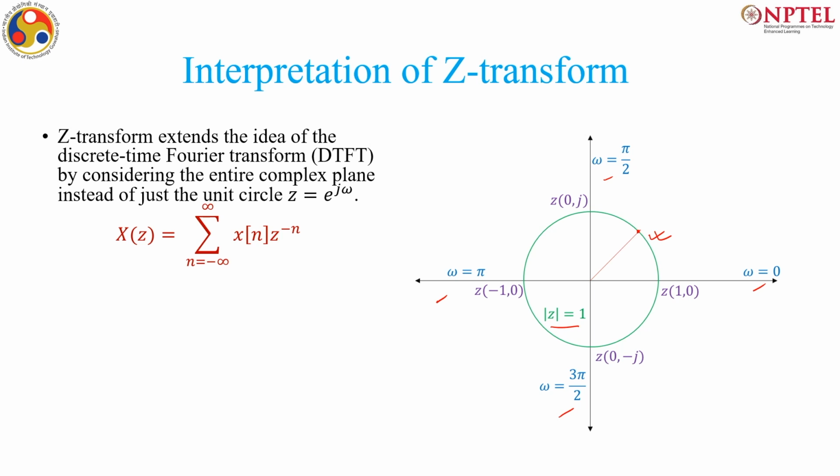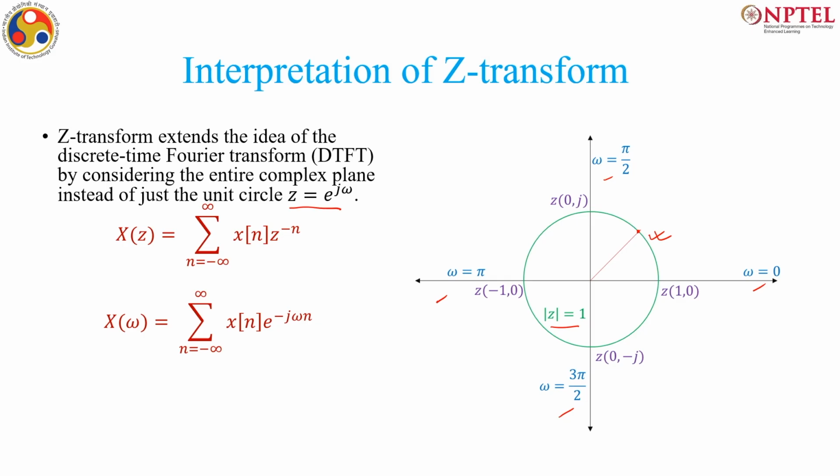You can compare these two formulas, X of z and X of omega, which is the DTFT. You see they are very similar, and if you compare these two, you will clearly see that the DTFT is the evaluation of the Z transform where z equals e power j omega, or the unit circle. Why is this needed?